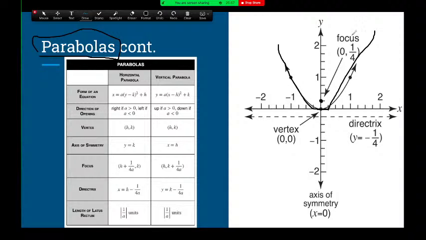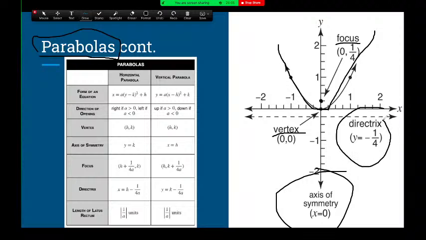One is the focus, another is the vertex, the axis of symmetry, and the directrix. It also has the latus rectum, which is this line going from here to here. It passes through this point.